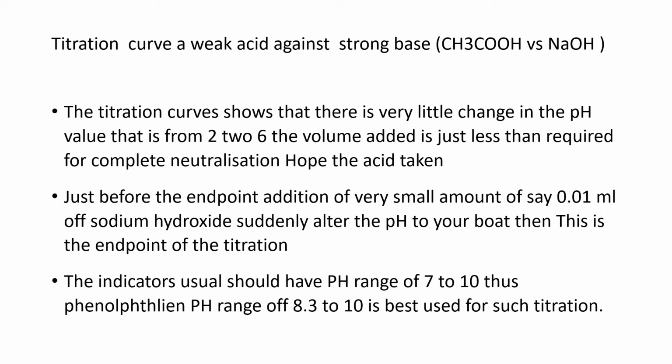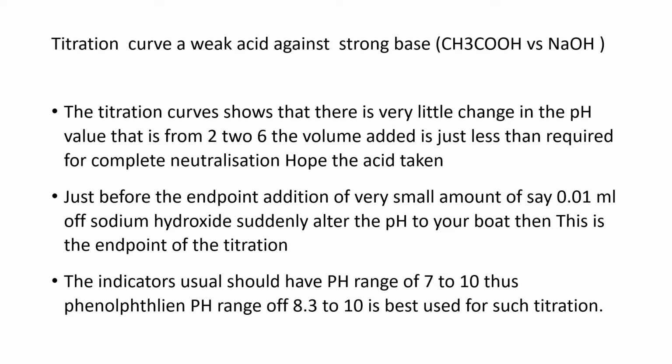Titration curve, a weak acid against strong base. Example, acetic acid versus sodium hydroxide. The titration curve shows that there is very little change in pH value, that is from 2 to 6, while the volume added is just less than required for complete neutralization.